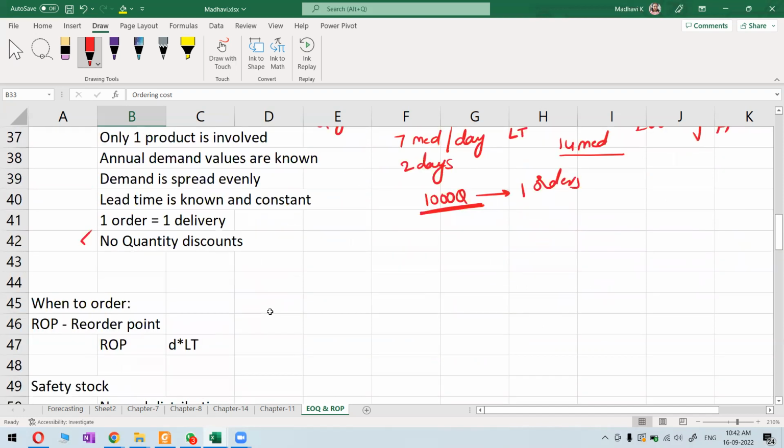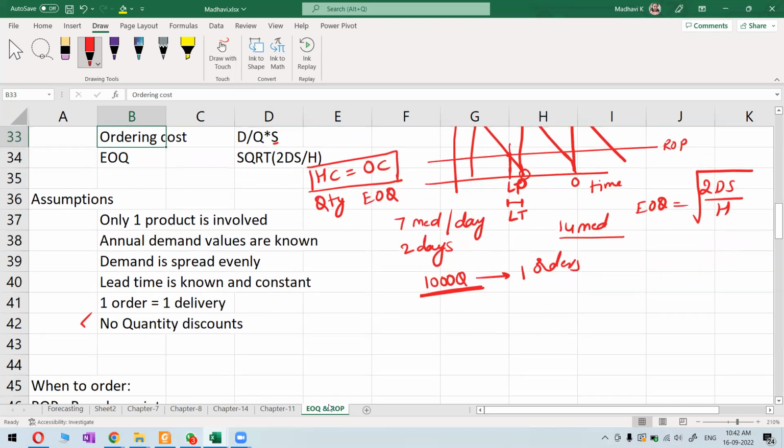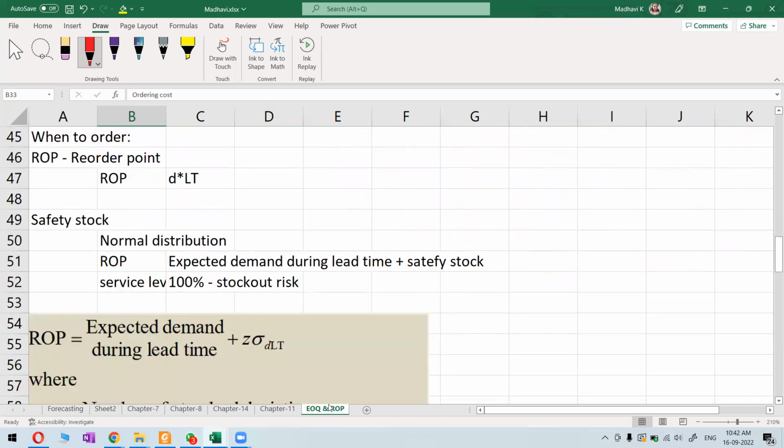Now, as I mentioned, lead time is nothing but the time between when we order to when we receive the order. So that is lead time. That lead time multiplied by D, where D is the annual demand or demand in whatever the period is.